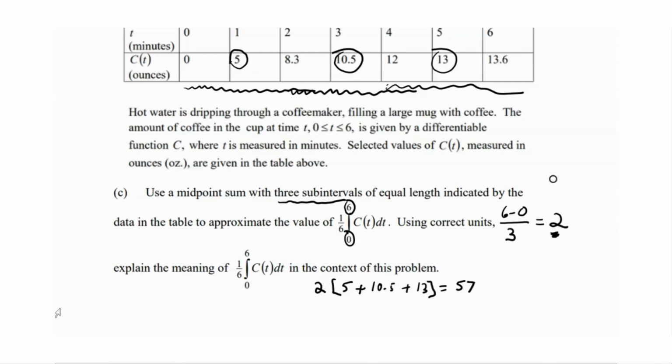Now we have to take 1/6 of 57, and that gives us 9.5, and in this case, ounces. All right, now what does this represent? Well, there's a formula, 1 over b minus a, and then if we go from a to b of f of x dx, that represents the average value of a function.